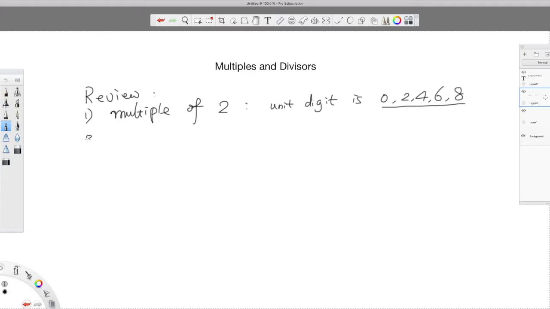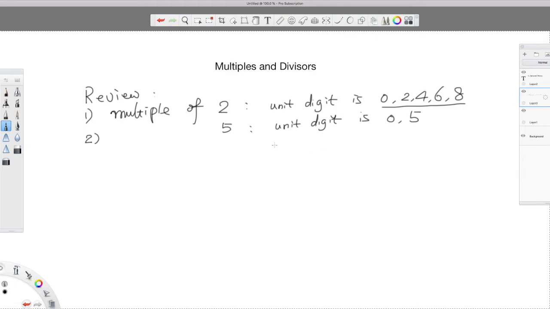Great. 2. I'm going to group these similar properties together. What makes a number a multiple of 5? Well, it's as long as the unit digit is 0 or 5. What does that mean actually for properties 1 and 2?